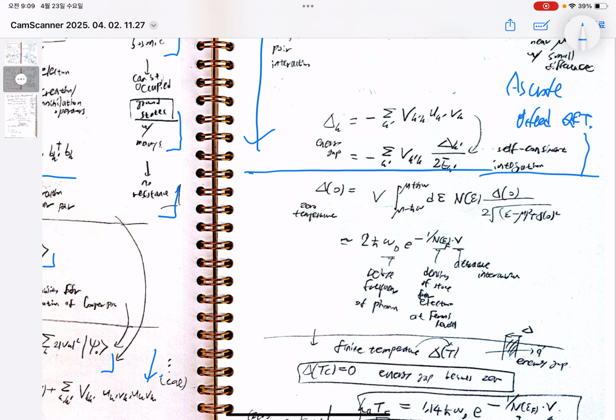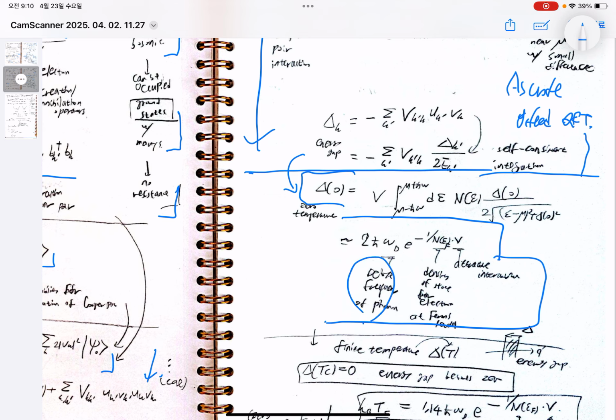And for zero temperature, the energy gap can be evaluated by such an integration, and the energy gap at zero temperature will consist of such a term. So this is our result. It consists of the Debye frequency of the phonon in the lattice, the density of states for the electron at the Fermi level, and the attractive interaction term.